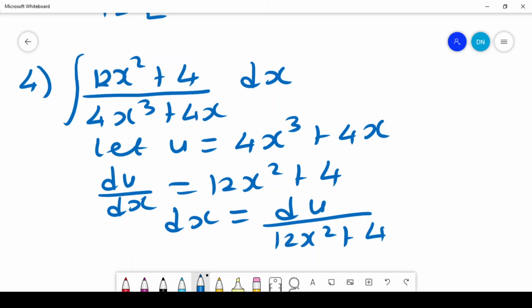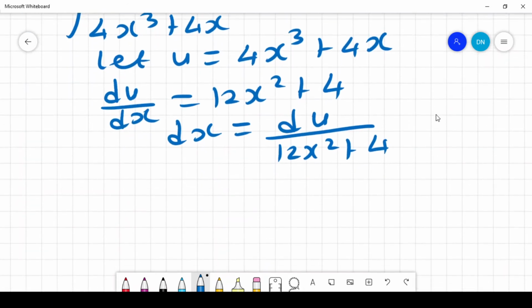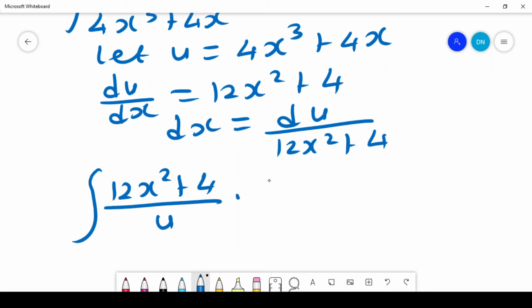So now I'm going to substitute u and dx into the original equation that I have, and I see how my problem simplifies. So I have 12x squared plus 4 over u times du over 12x squared plus 4.